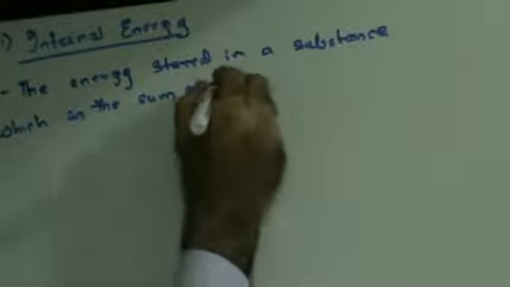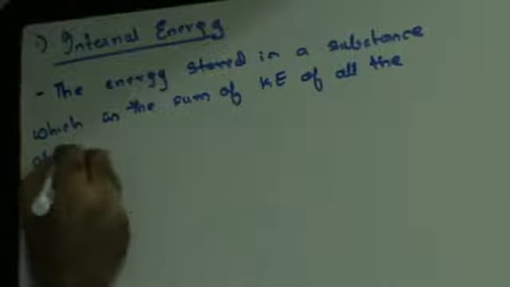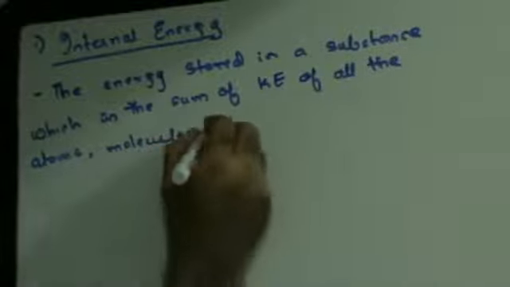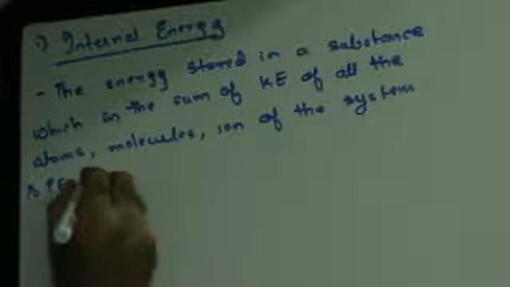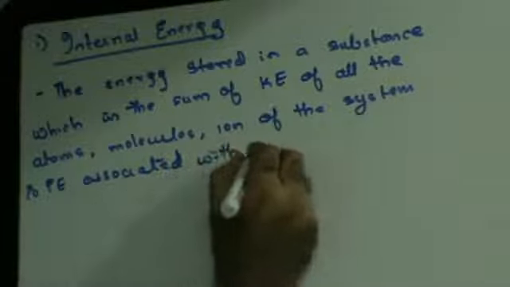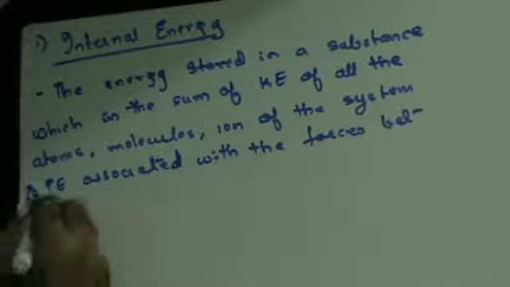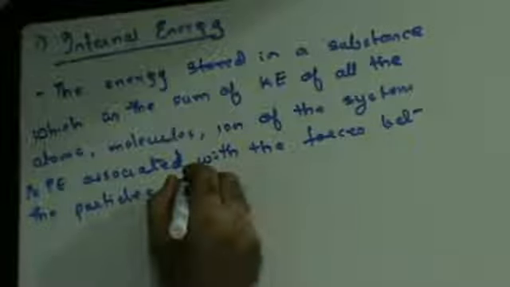The energy stored in a substance, which is the sum of the kinetic energy of all the atoms, molecules, ions of the system, and the potential energy associated with the forces between the particles, is called the internal energy.